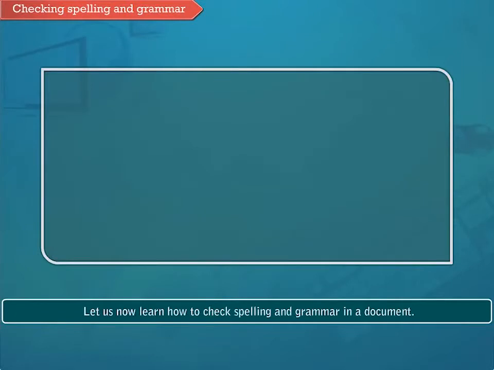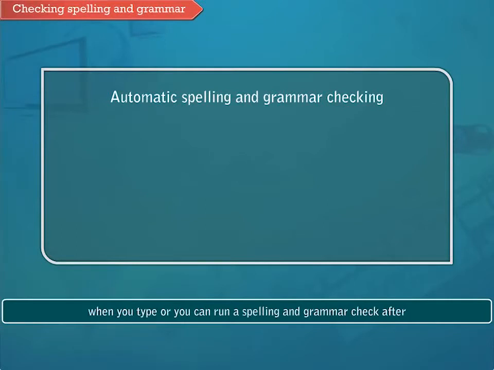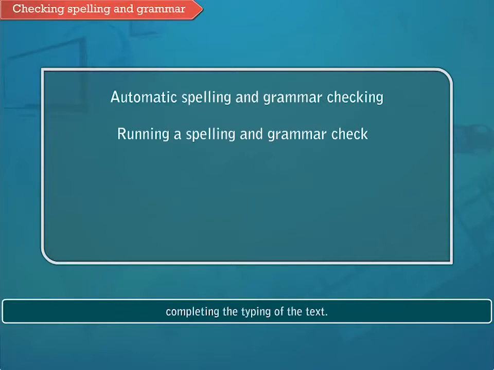Checking spelling and grammar. Let us now learn how to check spelling and grammar in a document. It can be done in two ways. You can allow MS Word to mark errors automatically when you type, or you can run a spelling and grammar check after completing the typing of the text.